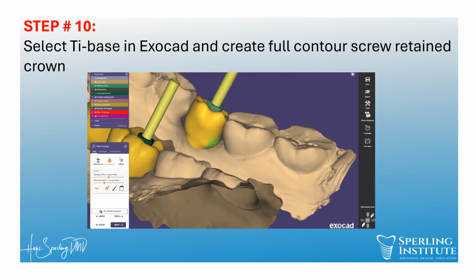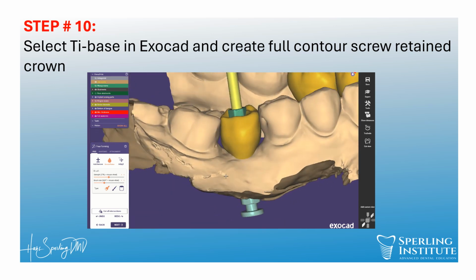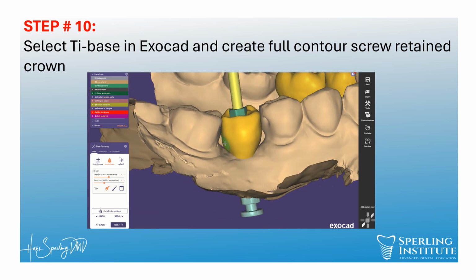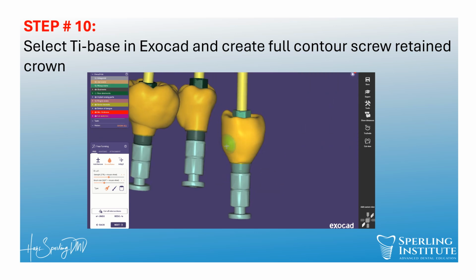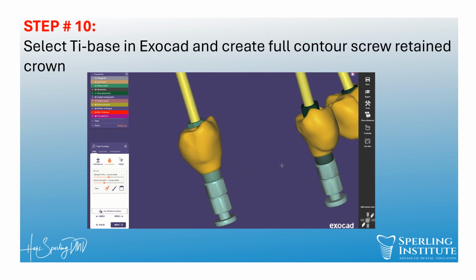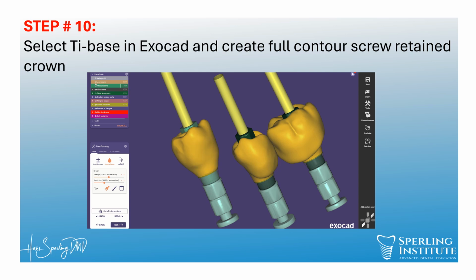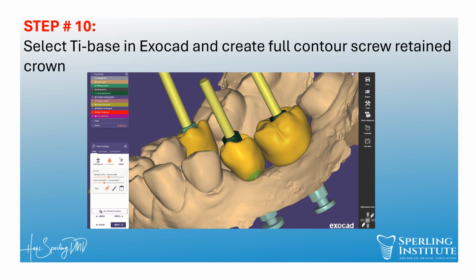And we can't go beyond the contact space, otherwise that crown is not going to go in the mouth. So here we have our emergence profile for number 30. We're working now on the other teeth.